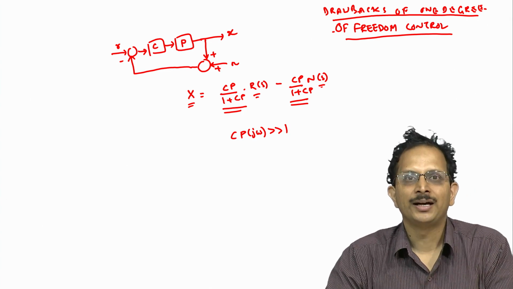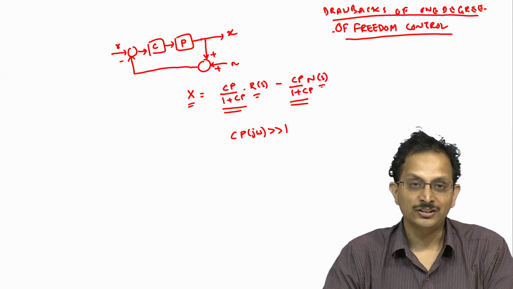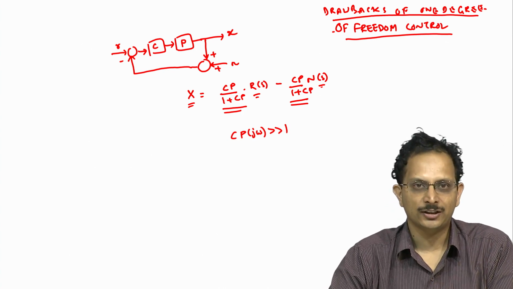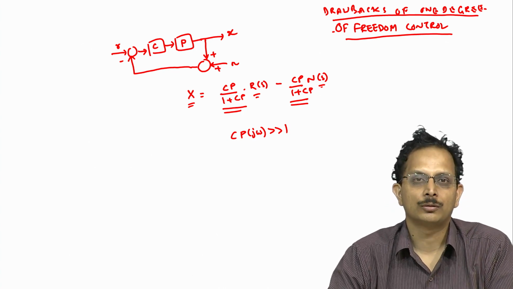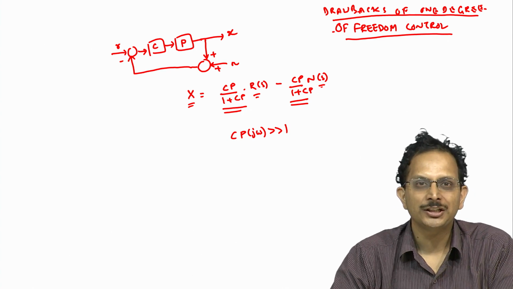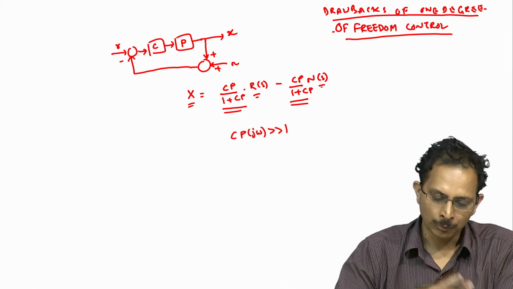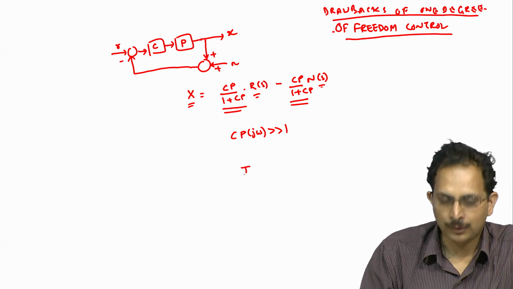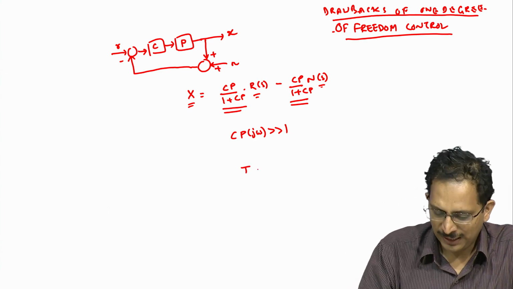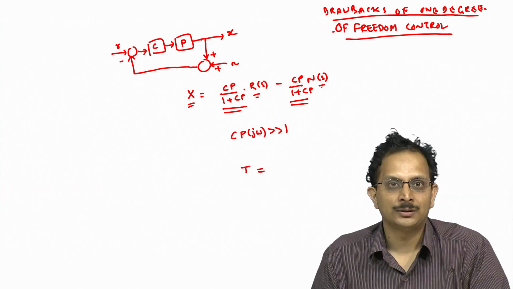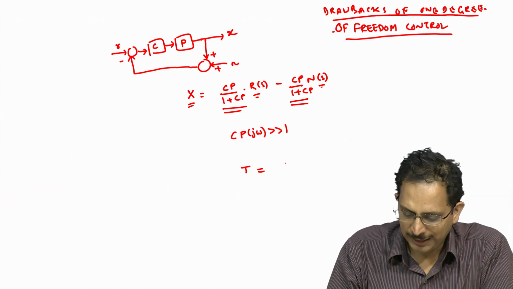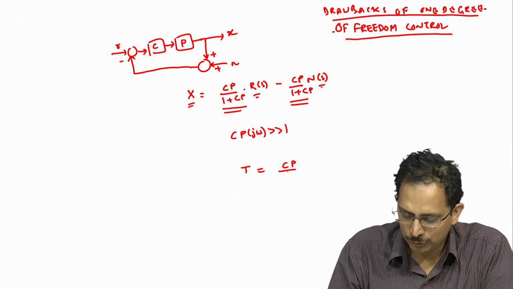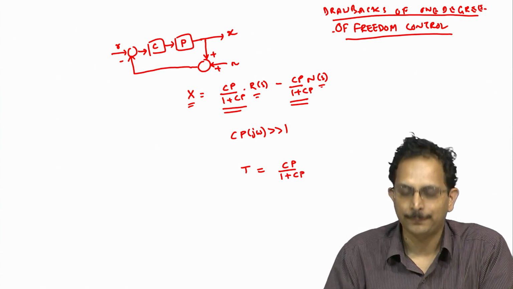The second drawback has to do with the sensitivity of the transient response of this closed loop system to variation in plant parameters. So to remind you, the relationship between the overall transmission function T and the open loop transfer function C times P is given by T is equal to CP by 1 plus CP.